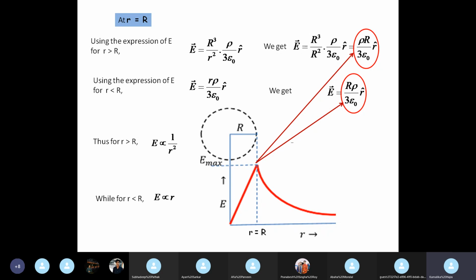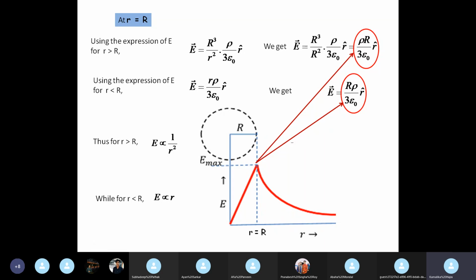When you are inside the sphere, as you move away from the center, more and more charge is being enclosed, contributing to the field. So the value of the field increases, and this is the expression for how it increases. It increases linearly with r, so this straight line from r equal to 0 to r equal to capital R. Once you start moving outside the sphere, there is no more charge that can increase the field.